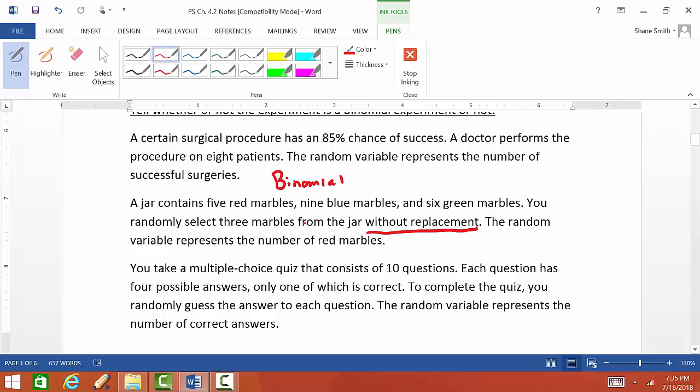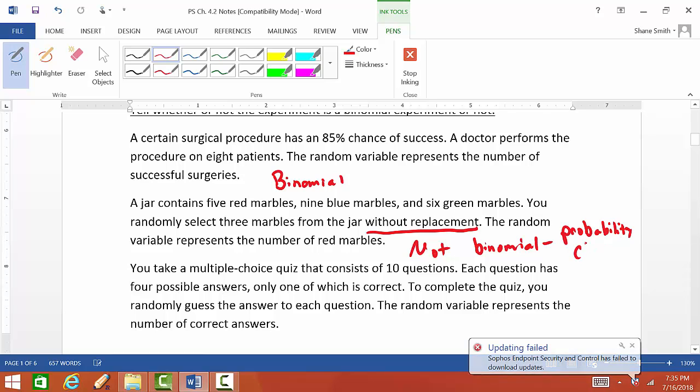Even though there's 3 different colors, you can still put blue and green together as not red. So it doesn't violate the success or failure condition, but it does violate the probability changing. Because if I take a marble out and keep taking marbles out without replacement, the probability is changing. So this is not binomial because probability changes.